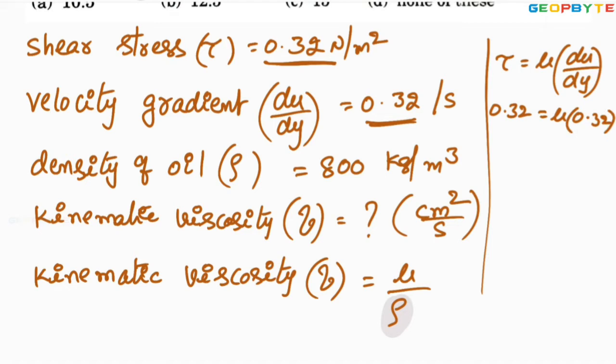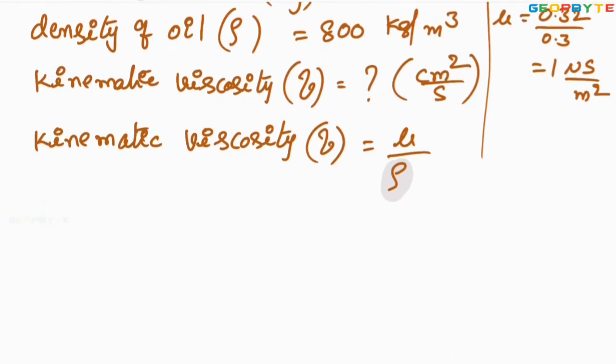Then what is the mu value? Mu value you are getting is 0.32 by 0.32, equal to 1 Newton second per meter square. That is the dynamic viscosity mu in Newton second per meter square.